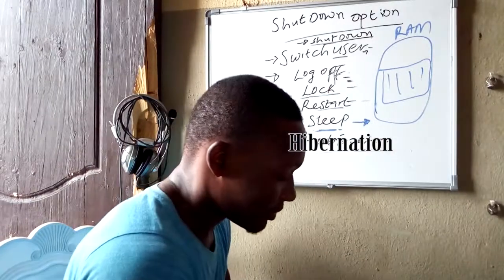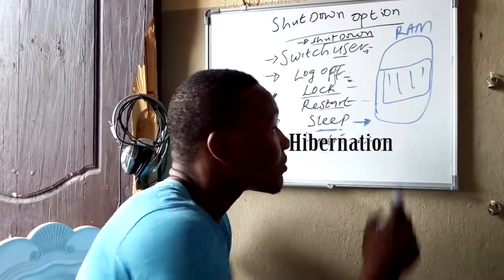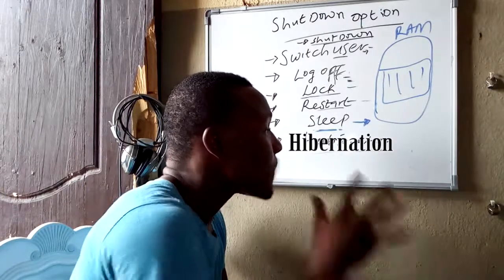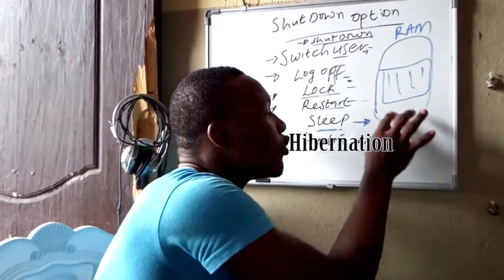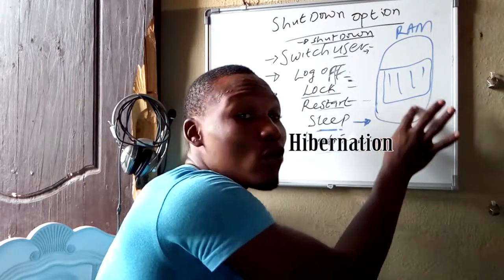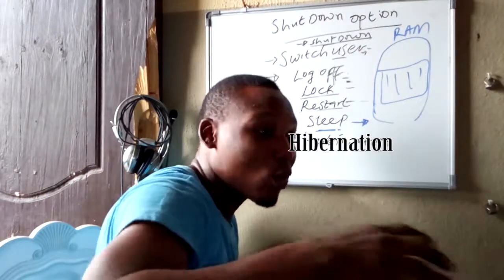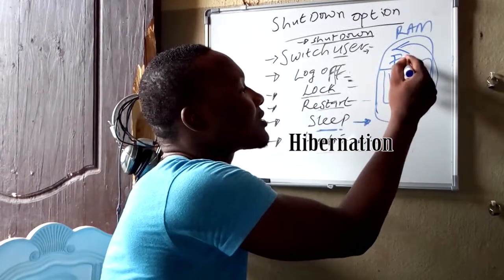Although the screen is off, it still draws some power. But one of the advantages of sleep mode is that if you move your mouse, everything comes up so fast.